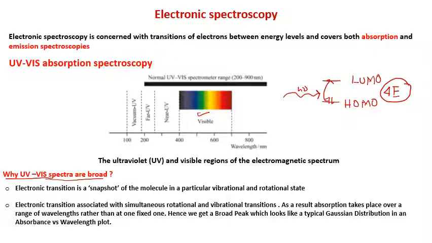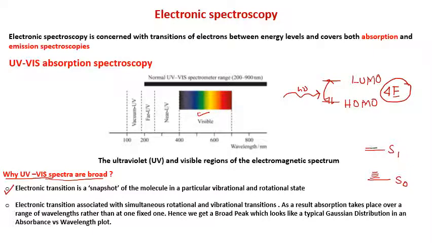So the first point is that this electronic transition is basically a snapshot of the molecule in a particular vibrational and rotational state. So basically these are two electronic energy levels. Suppose this is S0, this is S1, but within this electronic energy level there are several energy levels possible, which consist of vibrational energy levels and rotational energy levels.